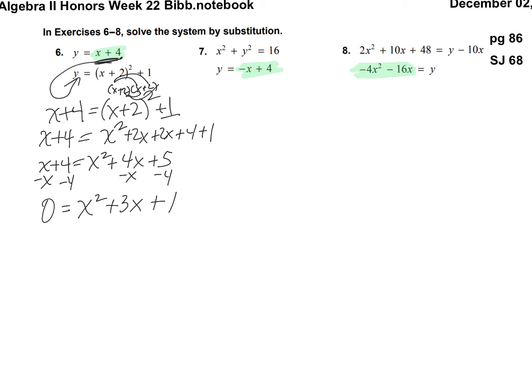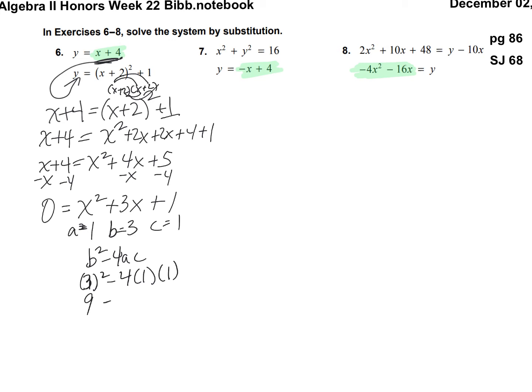Honestly, when I look at this, I believe that I would do the discriminant to decide if I'm going to have real roots. So let's do the discriminant. Remember, the discriminant is b squared minus 4ac. So I'm going to name a, b, and c. That's 3 squared minus 4 times 1 times 1.